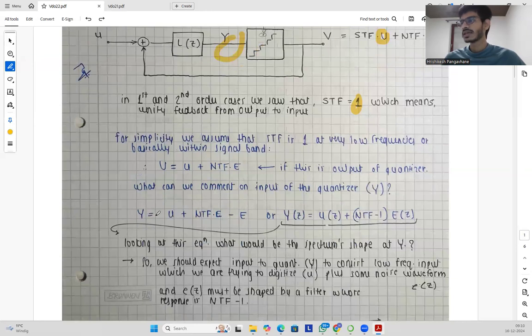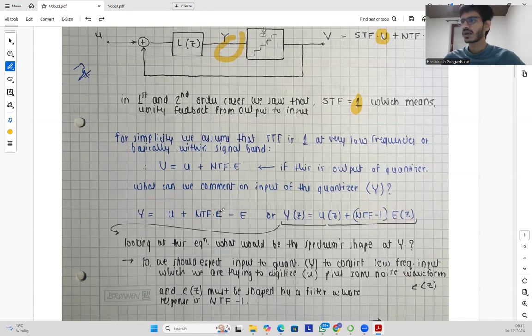So then we can say that Y, the input, is nothing but output minus E, or in Z transform way, Y of Z is equal to U of Z plus NTF minus 1 times E of Z. Where did it come from?